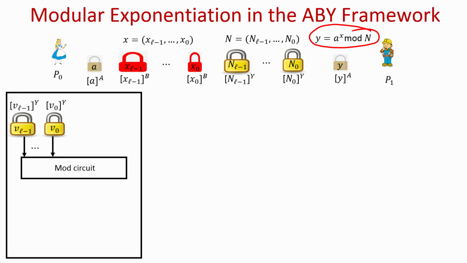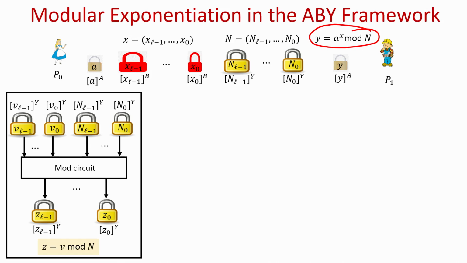So, wherever we need to compute the value of some number v modulo n, we will invoke this mod circuit, which will ensure that neither the modulus is revealed, nor the value whose mod is computed is revealed, and also the result of this computation is not revealed. Everything will be done in a secret shared fashion.